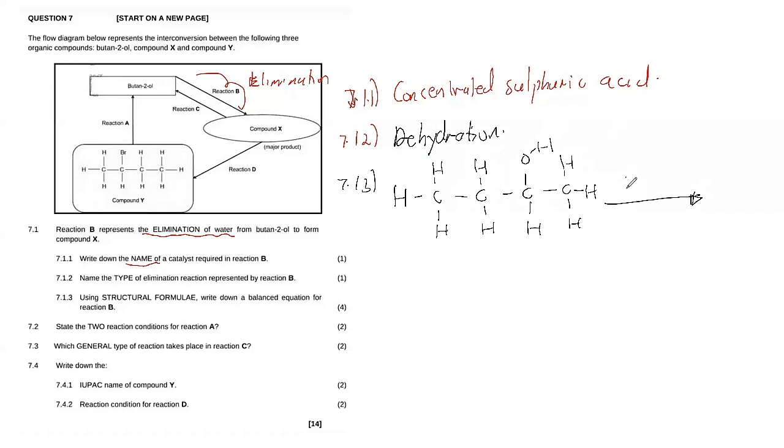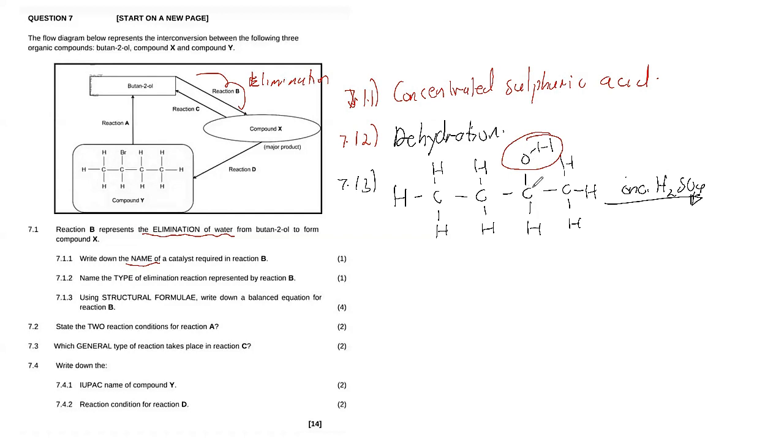And then here we have concentrated sulfuric acid. Then, since we are eliminating water, this is what should happen. The OH here should be taken from this carbon. And then now remember, we have to extract a hydrogen atom from the carbon with less number of hydrogen atoms.